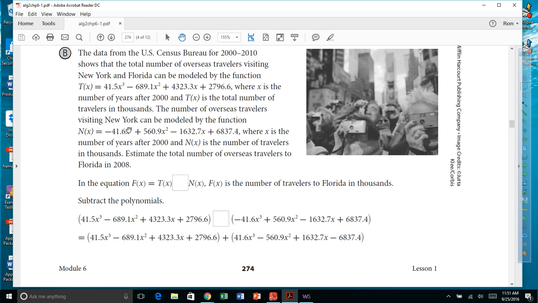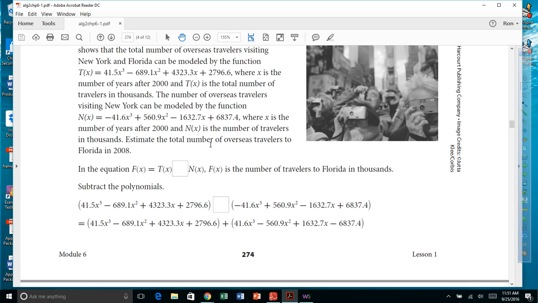The number of overseas travelers visiting New York can be modeled by the function n of x equals negative 41.6x cubed plus 560.9x squared minus 1,632.7x plus 6,837.4, where x is the number of years after 2000 and n of x is the number of travelers in thousands.